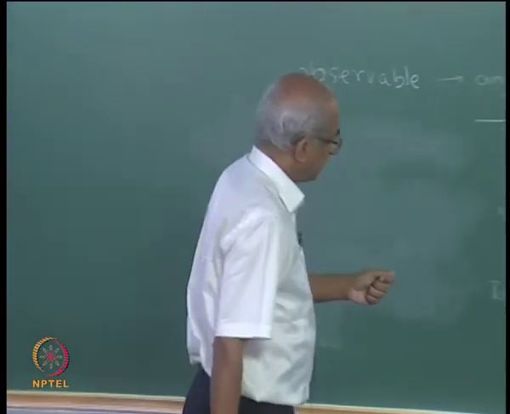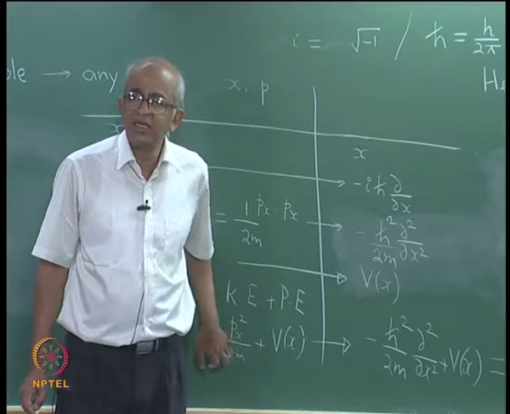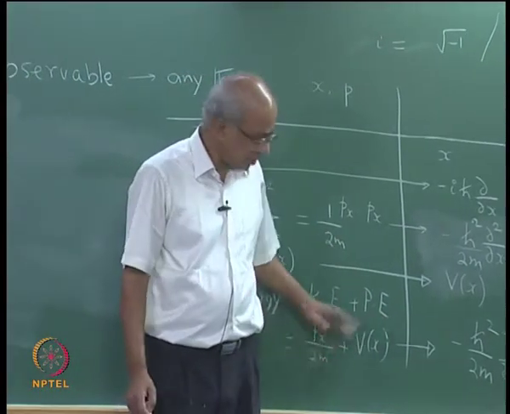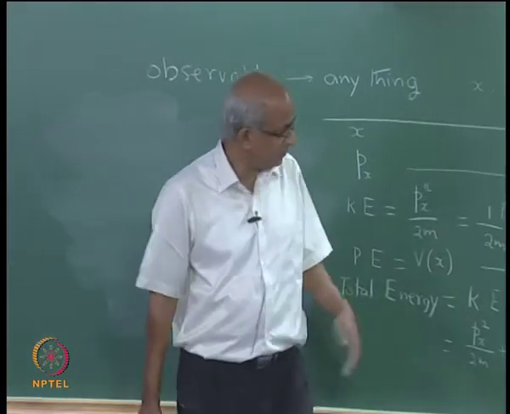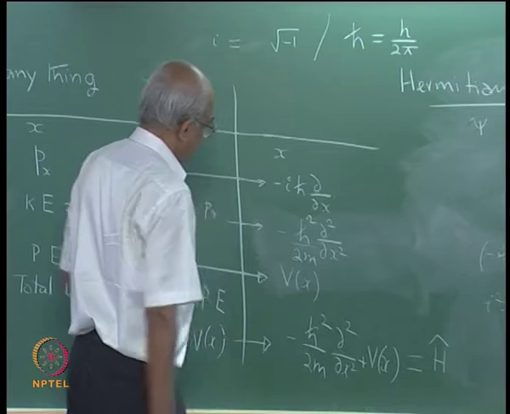The reason is that in classical mechanics, this object is referred to as the Hamiltonian of the system. P square by 2m plus V(x) is the Hamiltonian, and therefore, this is referred to as the Hamiltonian operator, and it is going to be important.